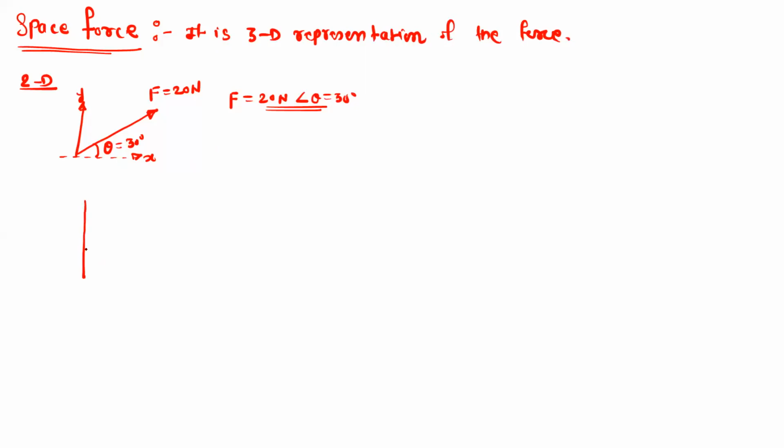So for that we will need the rectangular coordinate system. So this is x-axis, y-axis, and the z-axis. Okay. And this is the origin. So this will have the coordinate 0, 0, 0.